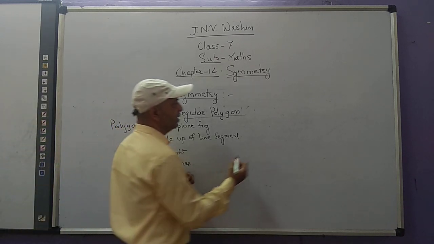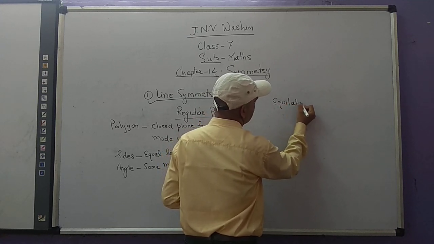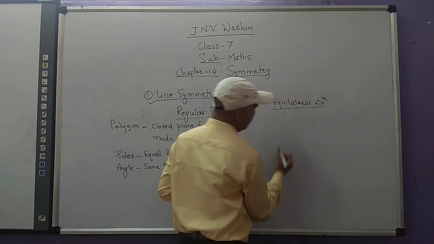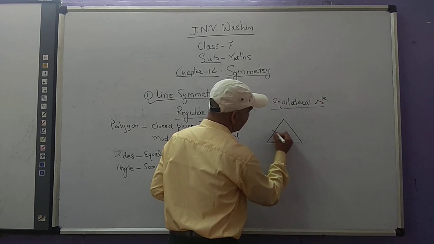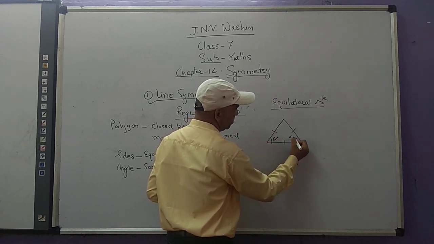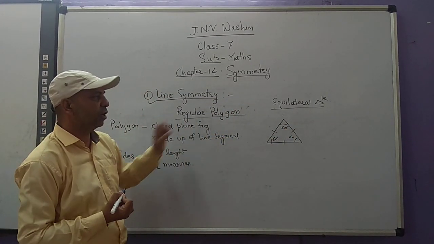For example, equilateral triangle. In this triangle, all sides are the same and all angles are of 60 degrees. This means this equilateral triangle is a regular polygon.